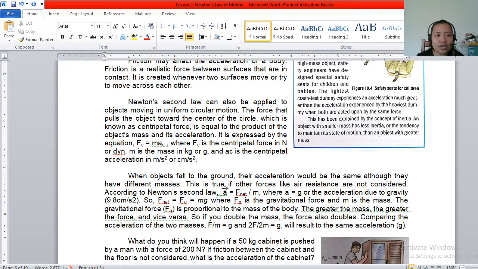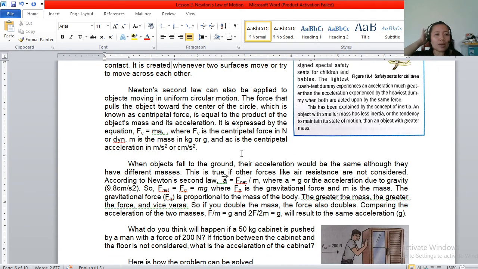Okay, let's move forward. Newton's second law can also be applied to objects moving in uniform circular motion. So, if there is circular motion, Newton's second law can also be applied. The force that pulls the object towards the center of the circle, which is known as the centripetal force, is equal to the product of the object's mass and its acceleration.